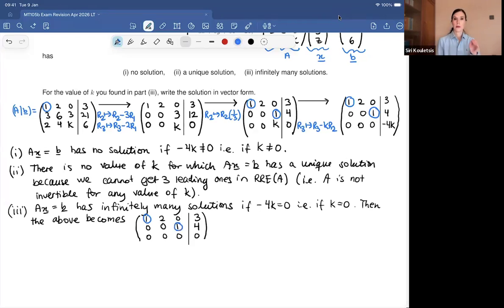I like to circle my leading ones. And so we see here that the column that's missing a leading 1 is column 2.